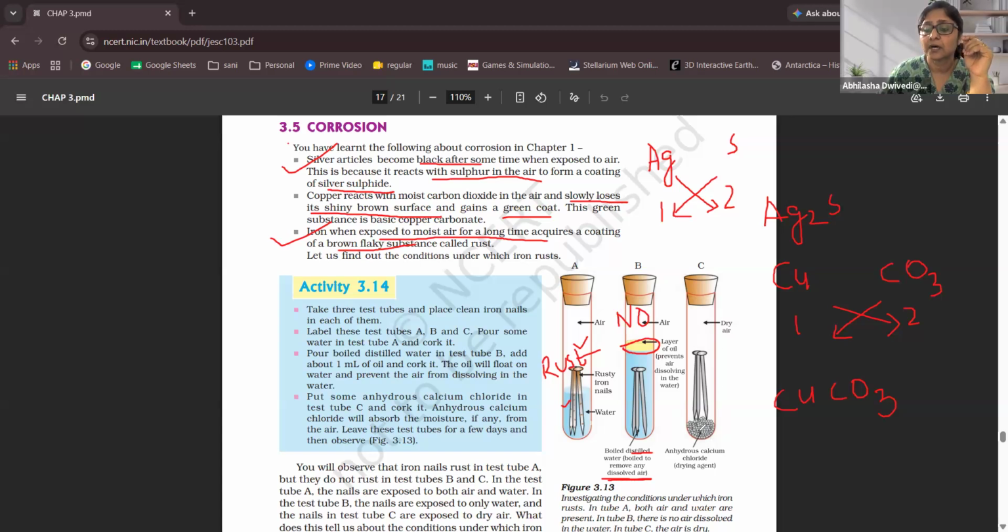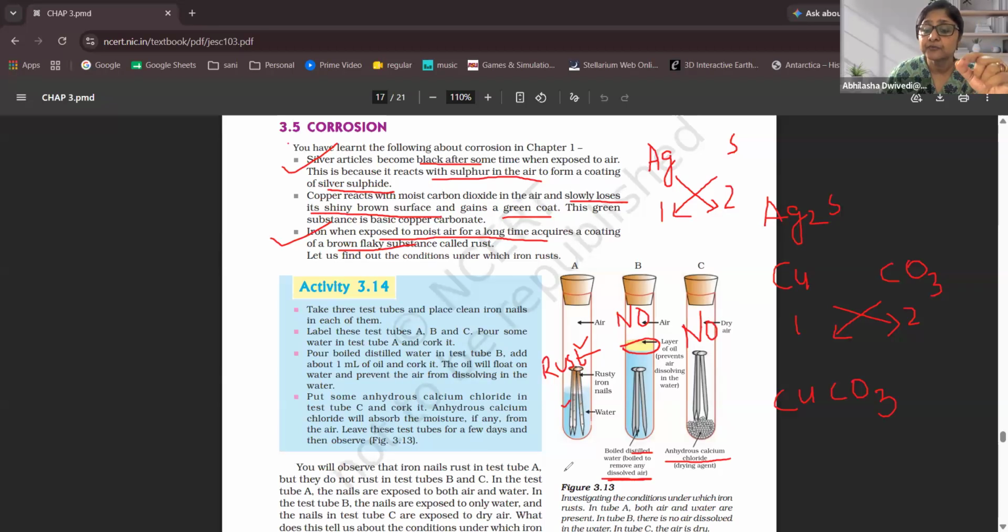Now here in this one, we are using anhydrous calcium chloride, which is a drying agent. That means it will absorb whatever moisture is present, and also this air is dry air. So what do we expect? Do we expect any kind of rusting? No. So again the answer is no, there will be no rusting.